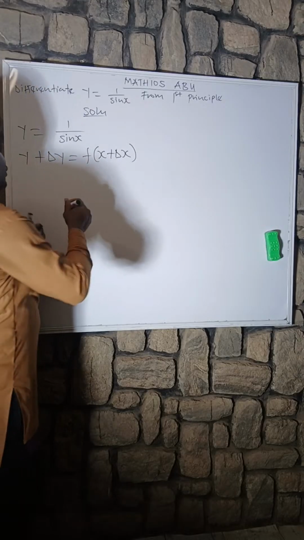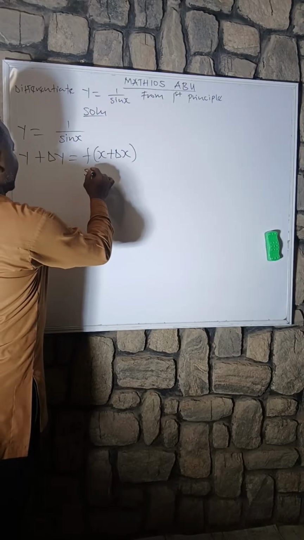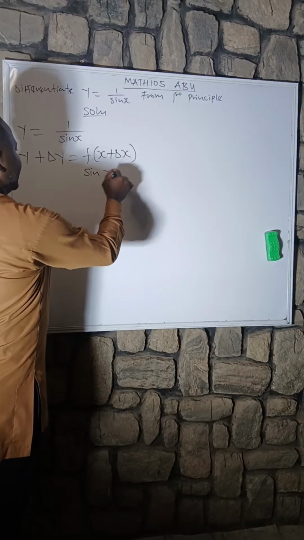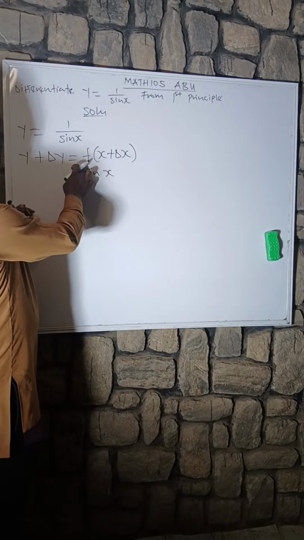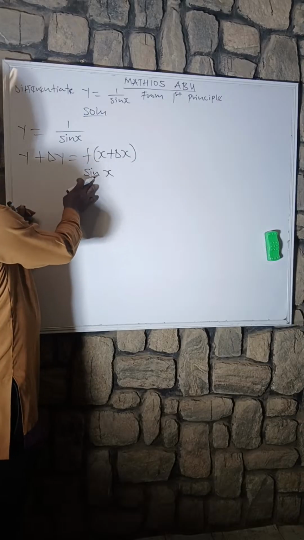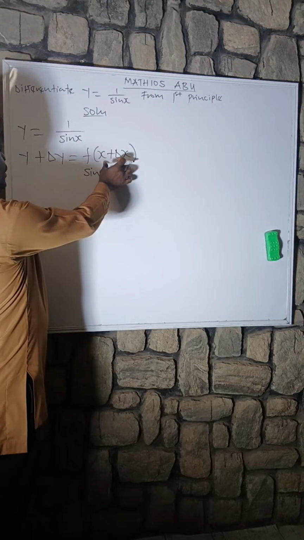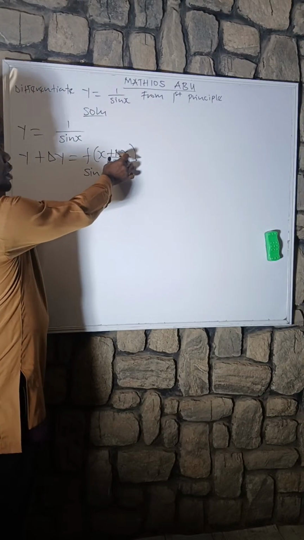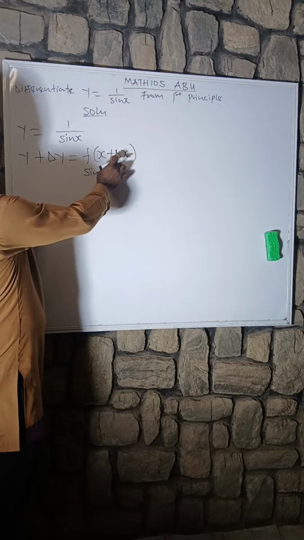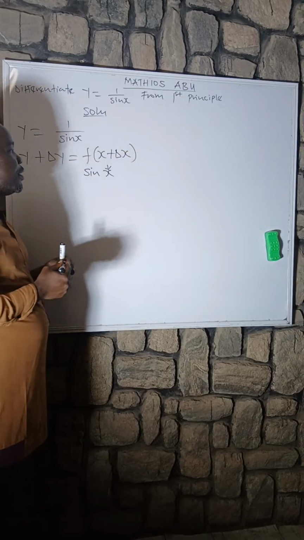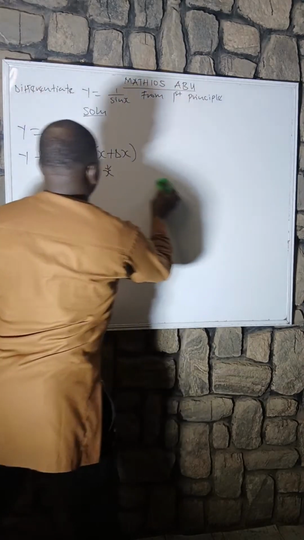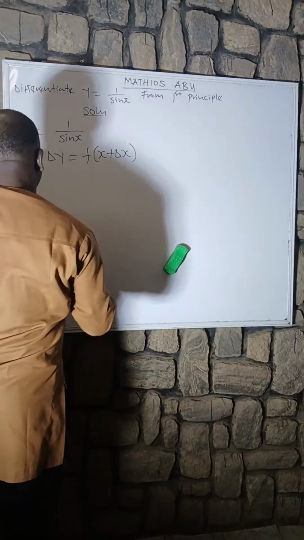So if we want to write it this way, sine x, it means the constant here is your f. So it means your f is sine. Then your x here is this bracket. So instead of this x, we are going to replace it with this bracket. Is that clear? So now what we need to do here is as simple as ABC.